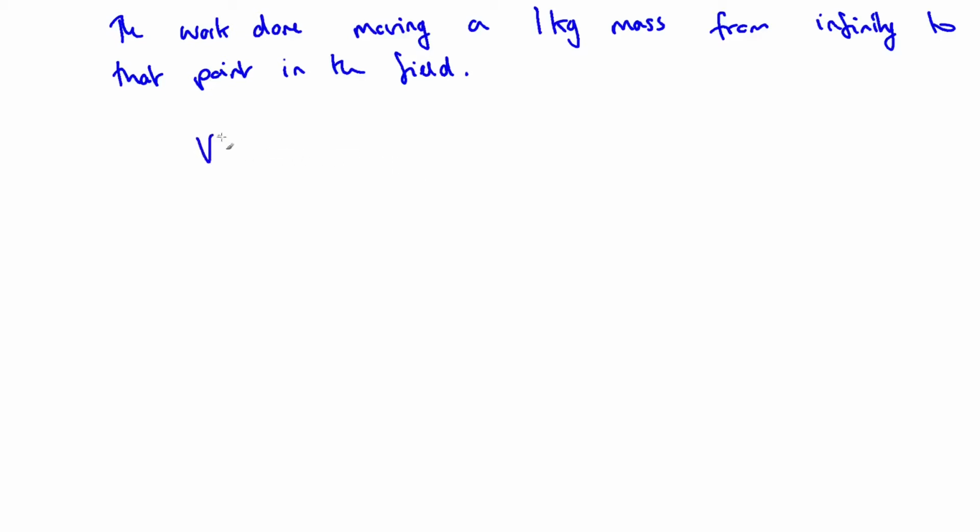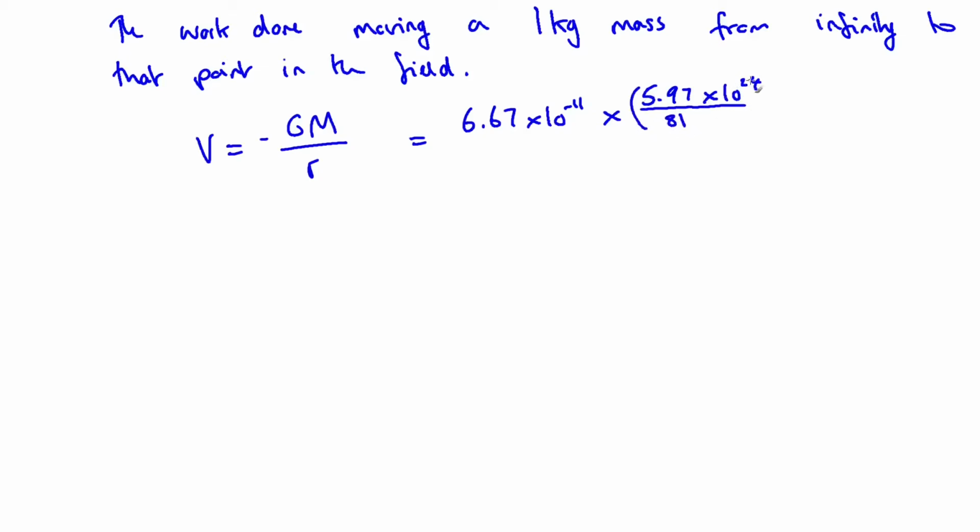We know that V equals GM over R. Big G is 6.67 times 10 to the minus 11. We know that the mass of the moon will be 81 times smaller than the mass of the Earth, and we know what the mass of the Earth is, 5.97 times 10 to the 24. So we've got to divide that by 81.